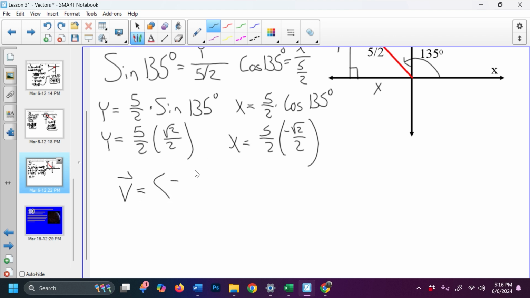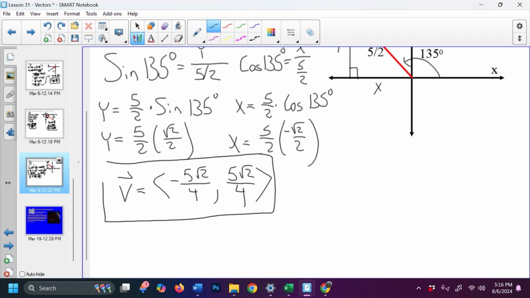So it's negative because positive times a negative is a negative. 5 times square root of 2 is 5 square root of 2. 2 times 2 is 4. And then we'll have something similar, except positive times positive is going to give me a positive. And we will put that little bracket and a box around everything. And we will say we are finished.